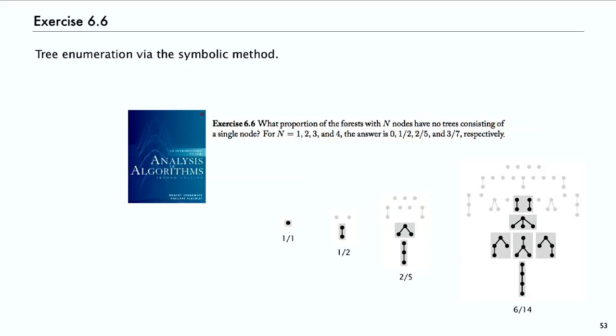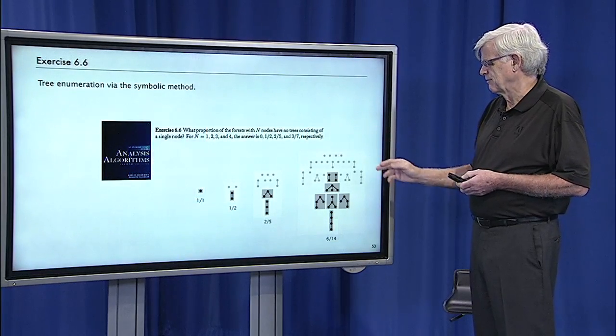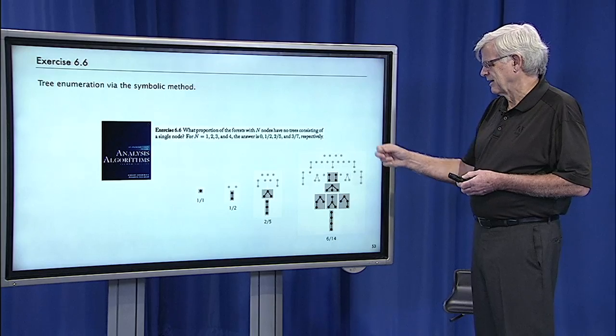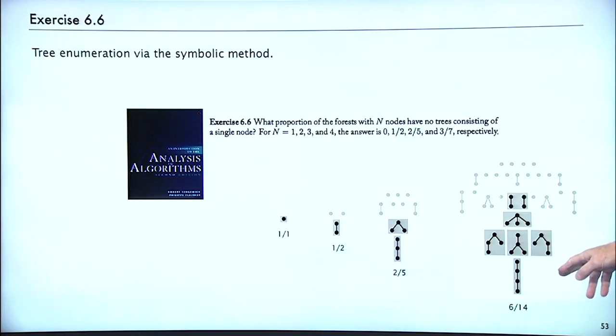Maybe we're interested only in forests that have no singleton nodes. So the question is, what's the proportion of forests with n nodes that have no trees in them consisting of a single node? And this sketch shows that for 1, 2, 3, and 4, the answers are 0, 1/2, 2/5, and 3/7 respectively. So find an asymptotic formula for that.